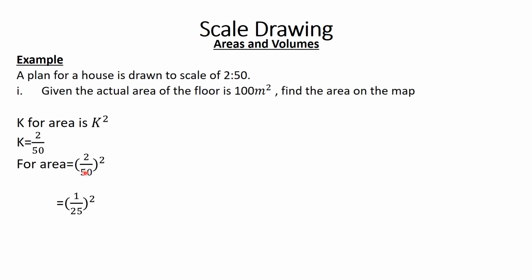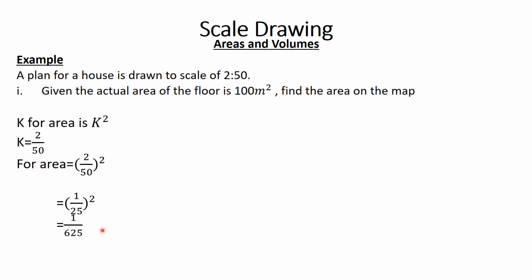Imagine if this 50 multiplies with a number, you get a big number, but 25 will give a smaller number. It's always advisable to work with smaller numbers. So I've just reduced 2 over 50 to lowest terms. When I square 1, it becomes 1. When I square 25, it becomes 625. So this is the k to use.